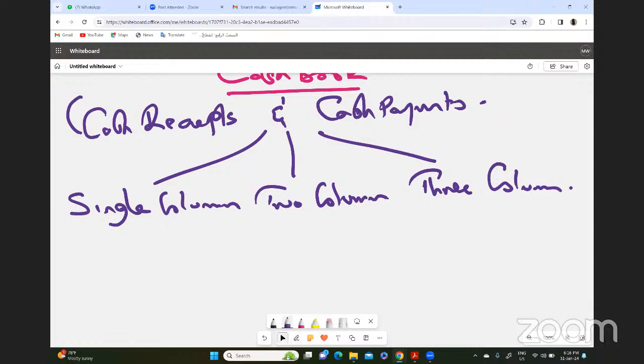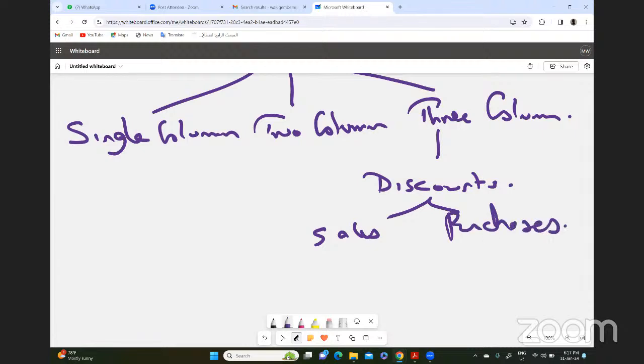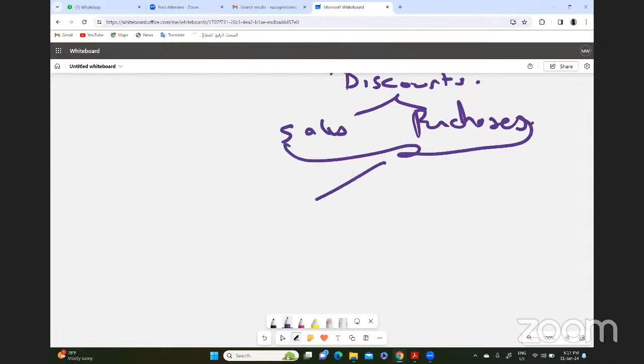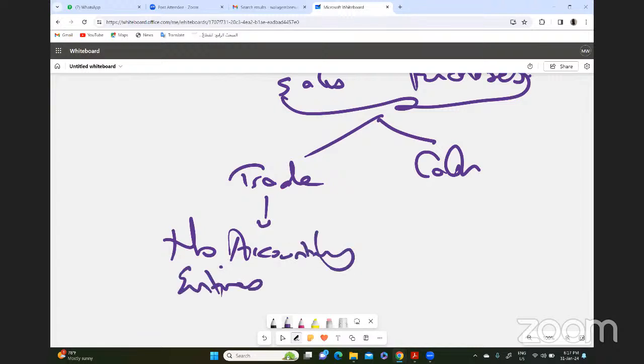Are we together? We introduced discounts, both on sales and purchases. These discounts can either be trade or cash discounts. Trade discounts have no accounting entries or treatment; it's just out of a bargain.